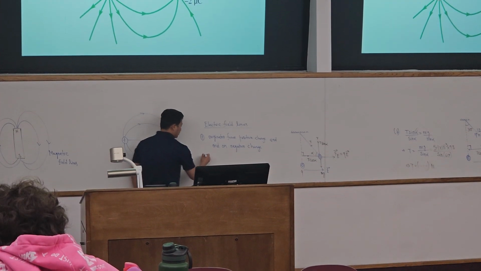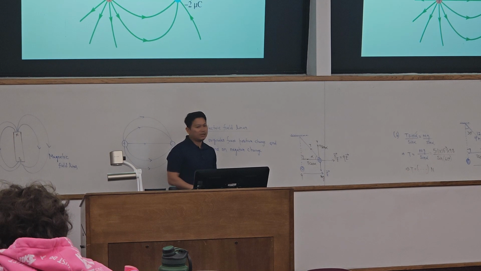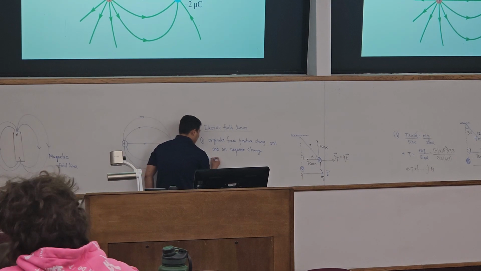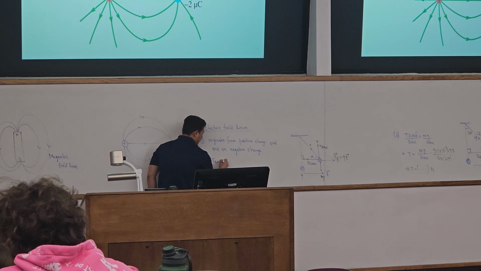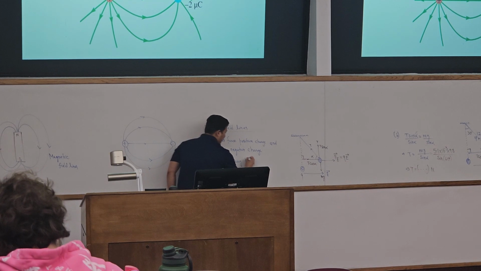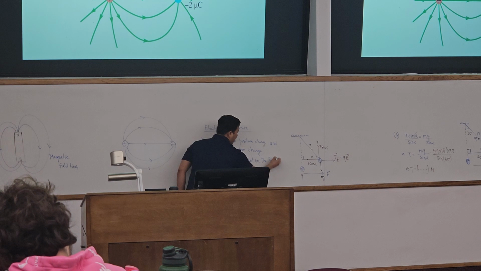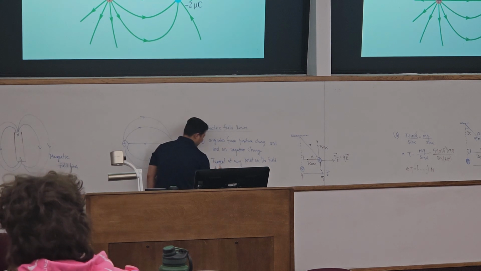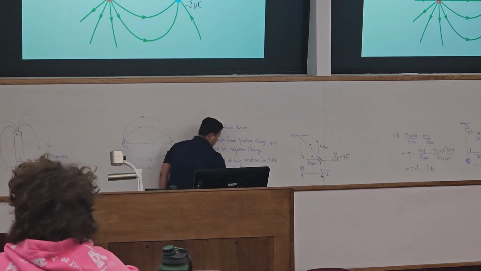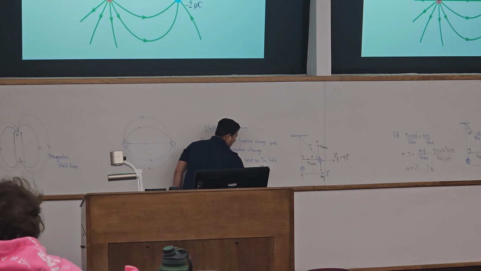Number two: a tangent at any point on the field line gives the direction of the electric field.